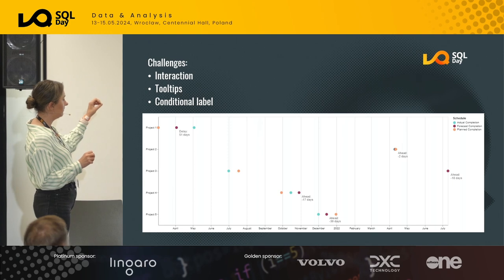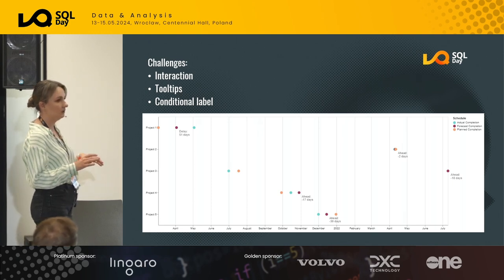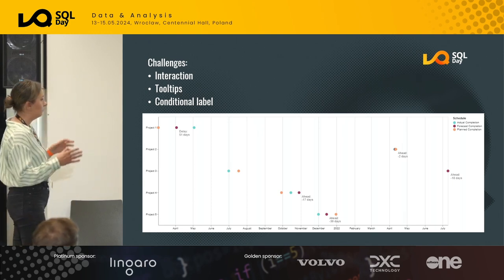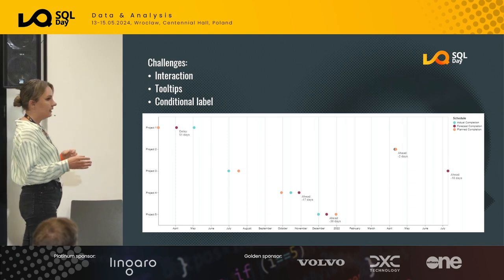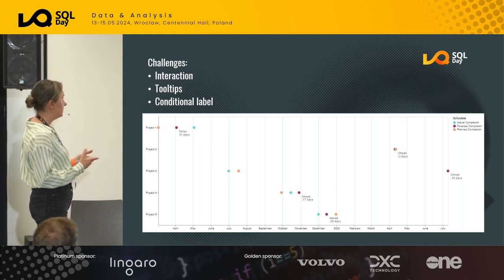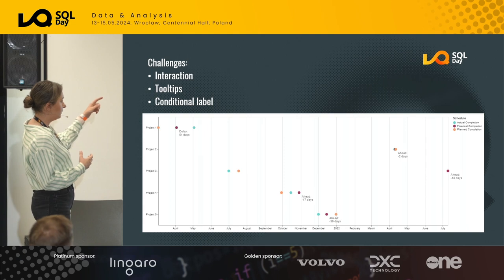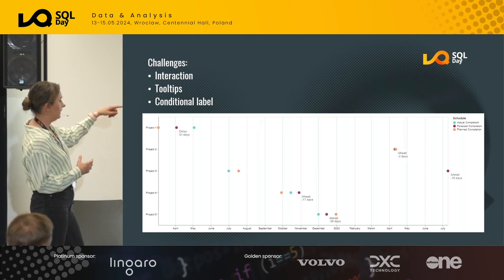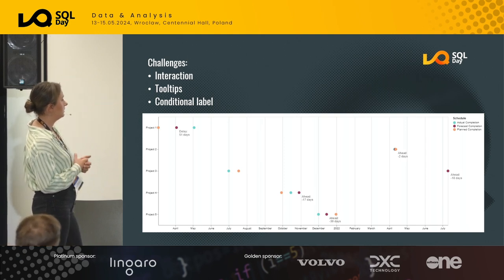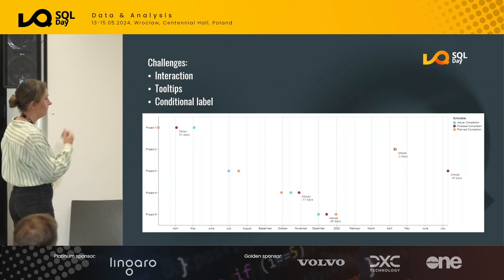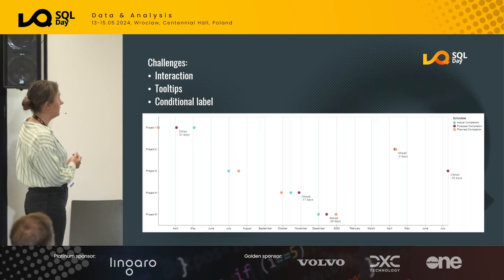And near the forecast completion date, we want to see whether our project is delayed or whether we are ahead of schedule and how many days the difference is. And we don't want it to be displayed near every circle. We just need it to be displayed once near the forecast completion date.